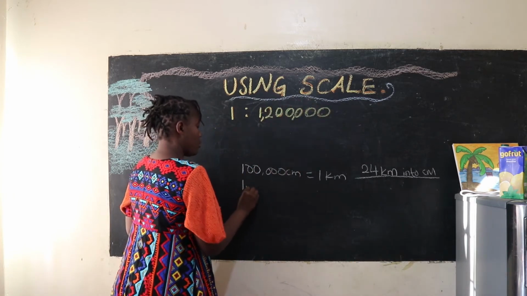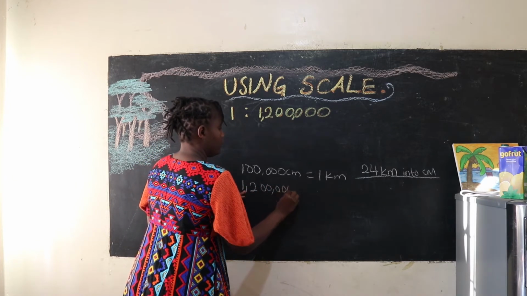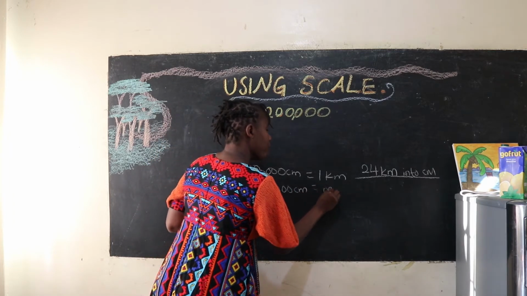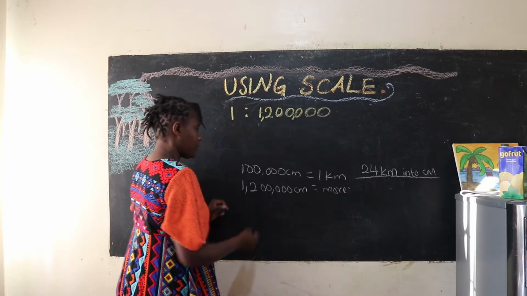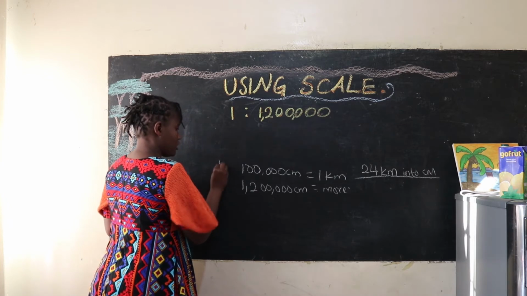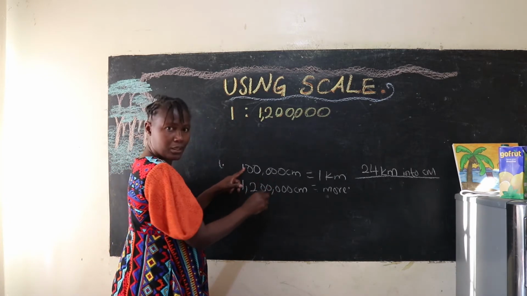Then we ask ourselves, what about 1.2 million centimeters? Definitely it is going to be more compared to this. This is a lot. So we say this is more and this is less. Since it's going to be more, we have to put this one on top and this one below.